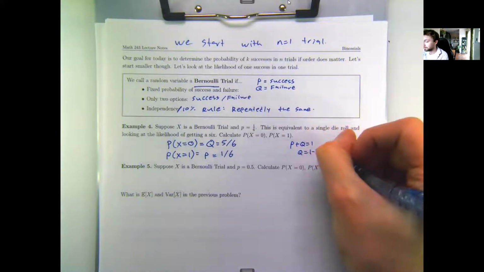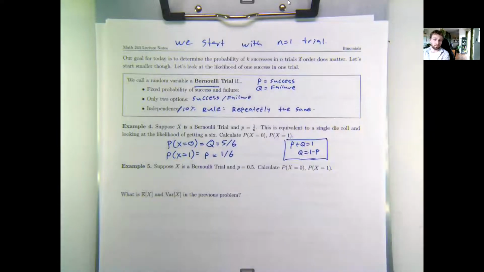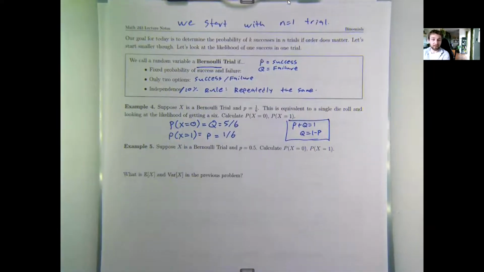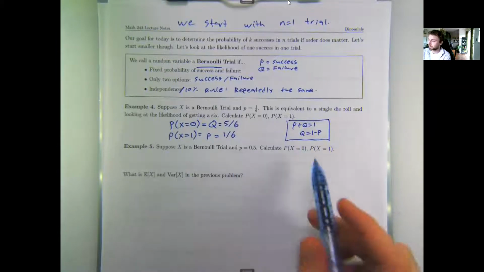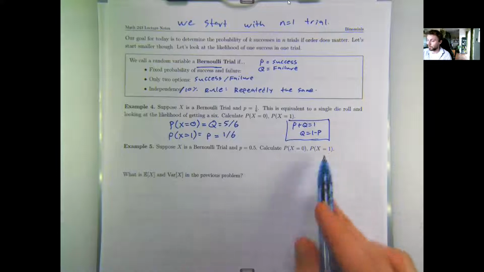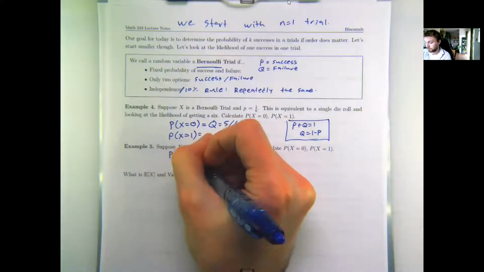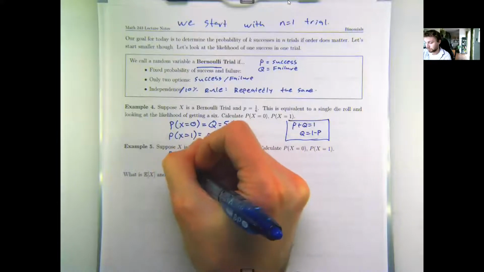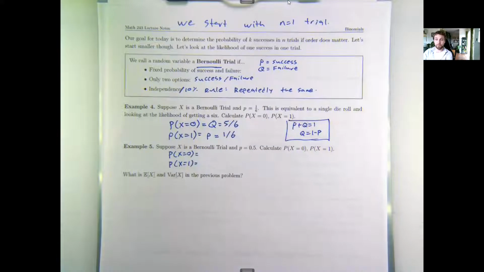Q is the opposite of P. Let's say I have a Bernoulli trial and P is equal to 0.5. Let's calculate the probability of 0 and 1 here. This is like looking at a single coin flip.